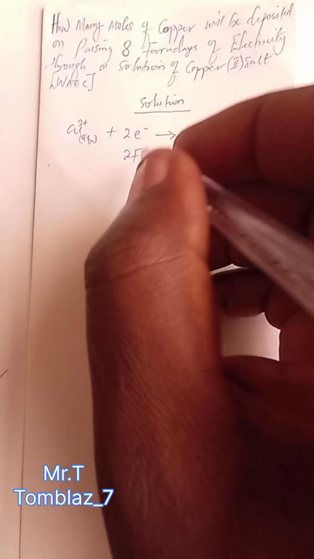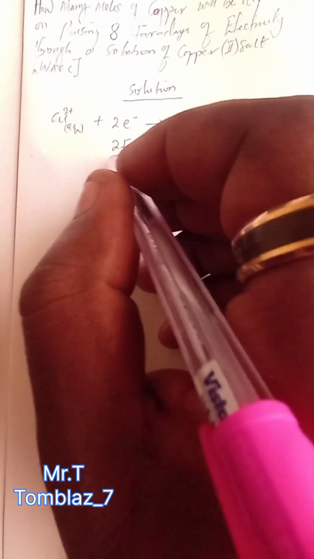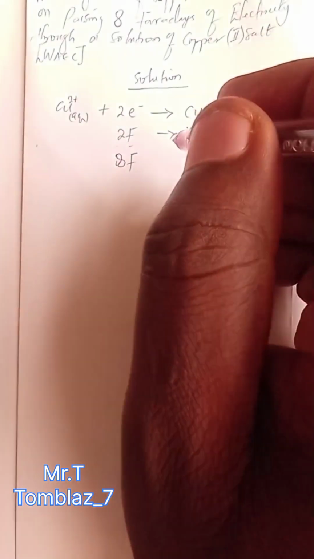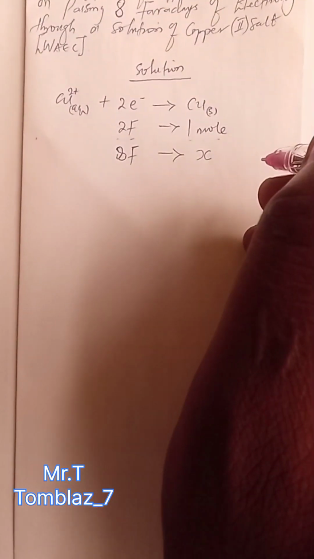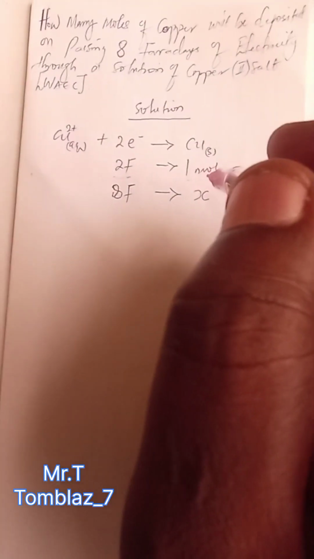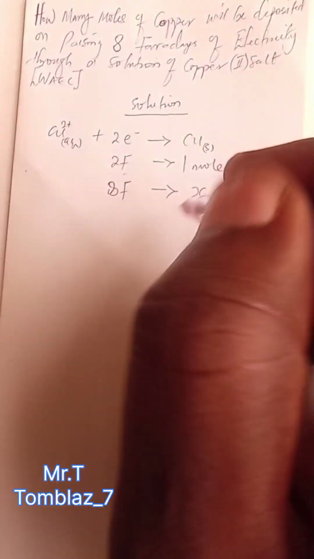So this question means 2 faradays was passed here and we got 1 mole based on this equation. The question they are asking is, if 8 faradays of electricity was passed, what is the number of moles? So we have X. Now remember our ways of solving these things.